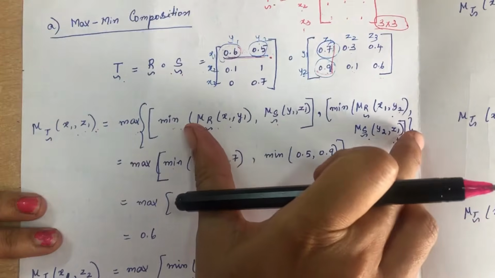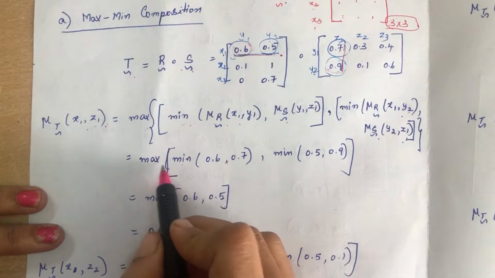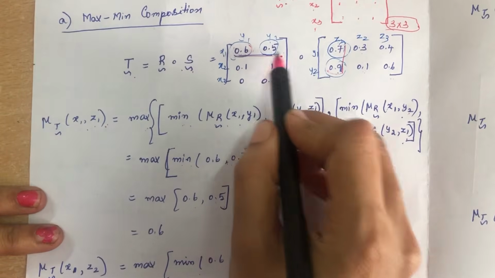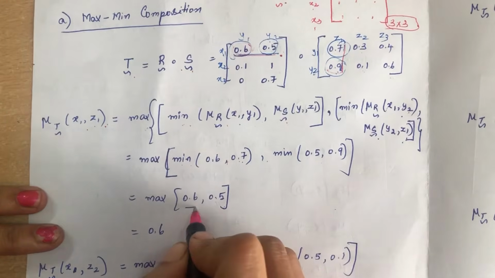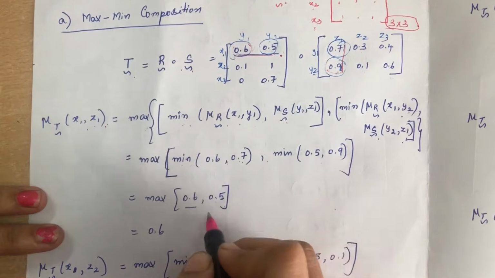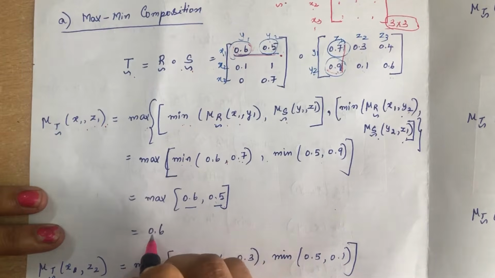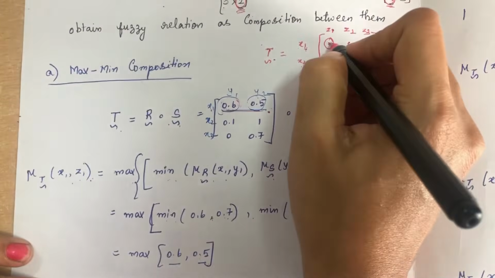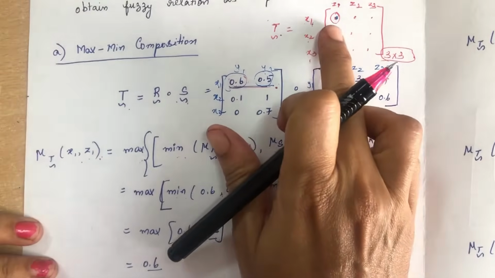Among the minimum values, you find the maximum. So I have written here the max of min of 0.6, 0.7, and the minimum of 0.5 and 0.9. The minimum between 0.6 and 0.7 is 0.6. Between these two, the minimum is 0.5. The maximum among 0.6 and 0.5 is 0.6. So this is what we get for x1, z1, and we substitute 0.6 in this position.